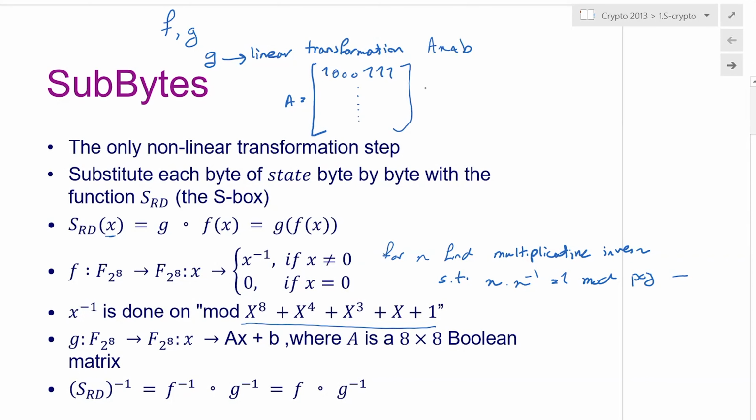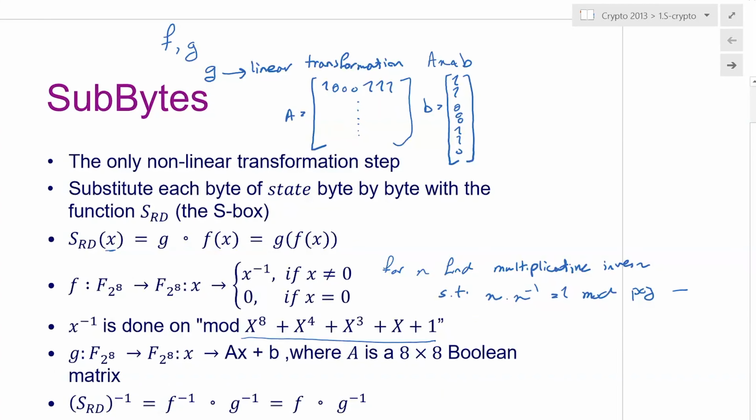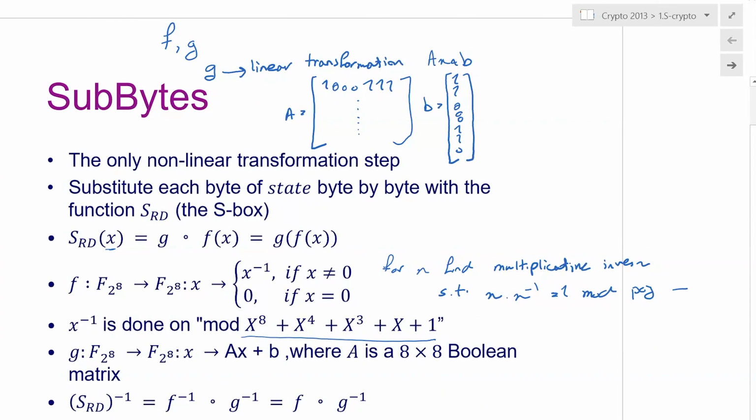And then B is just one polynomial, 0, 0, 0, 1, 1, 0, for example. Now you understand that when I'm saying Ax plus B, whatever polynomial or value you put over here, you can compute this whole thing, the Ax plus B, and then you can immediately compute the output. So this is just a linear computation. We know that from this construction.